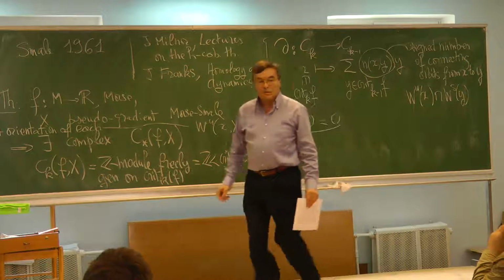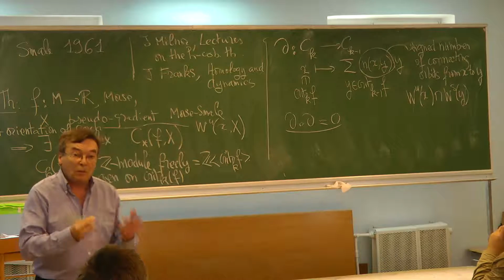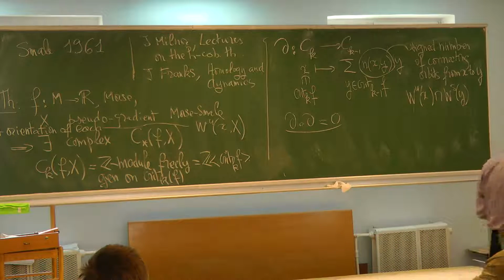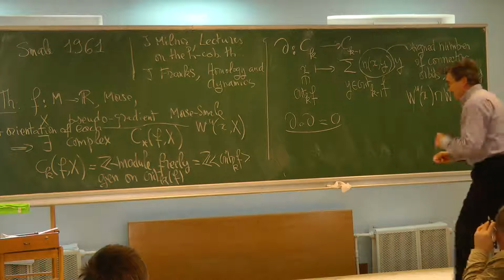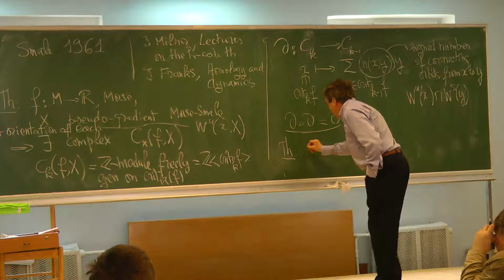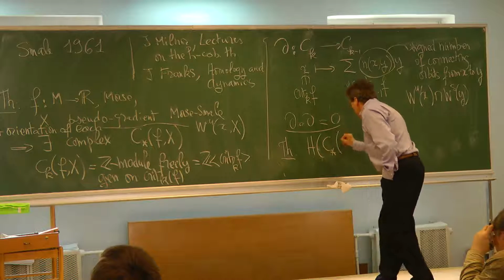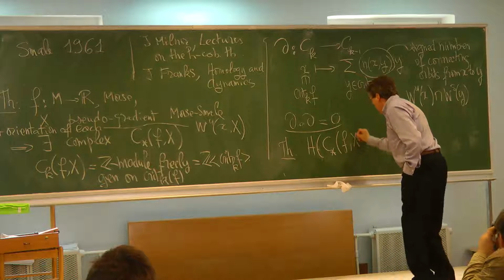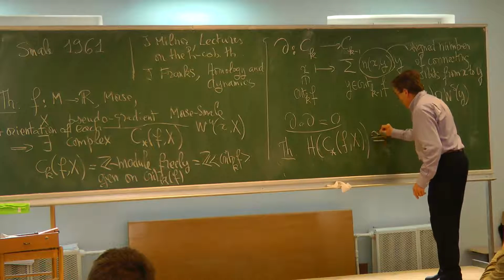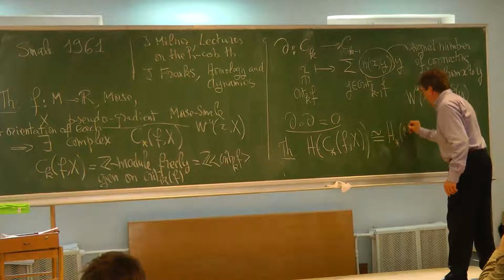So this complex gives rise to some homology, which today is called the Morse homology, and it is proved, that theorem, that the homology of this complex, depending on f and X, is actually isomorphic to the usual homology of M with integer coefficients.